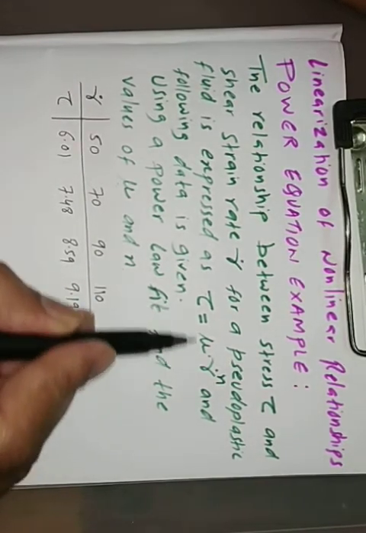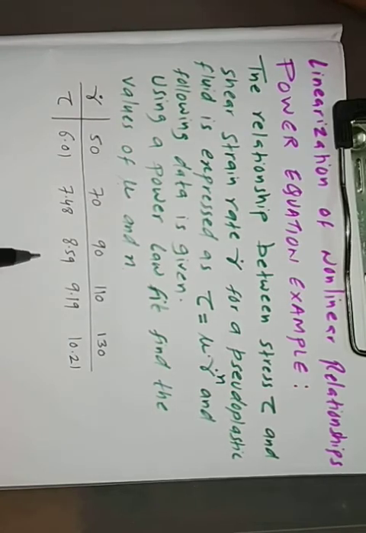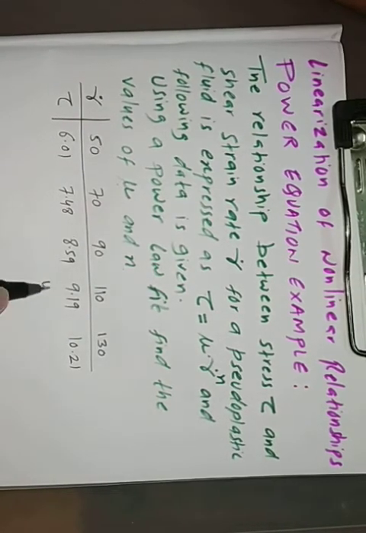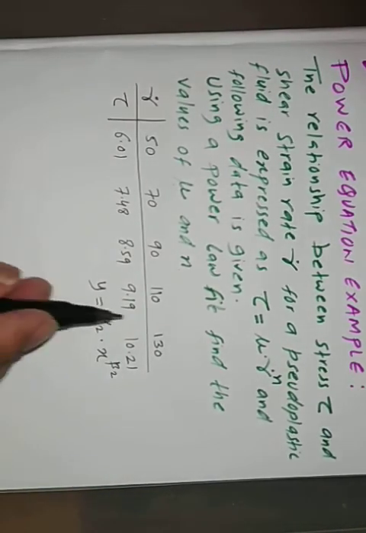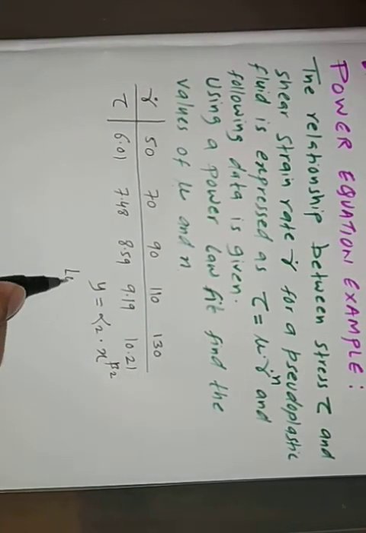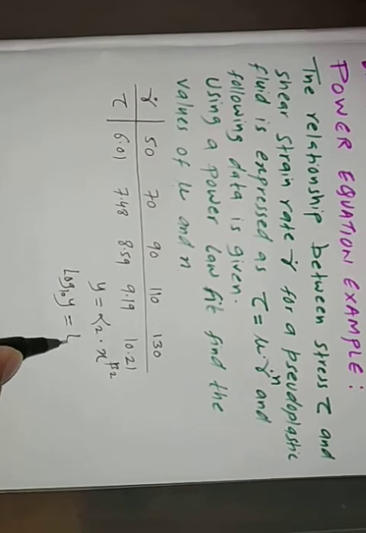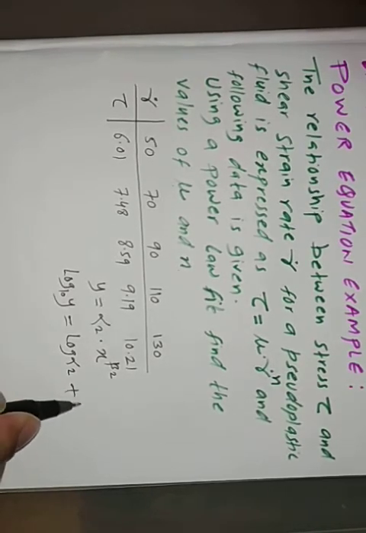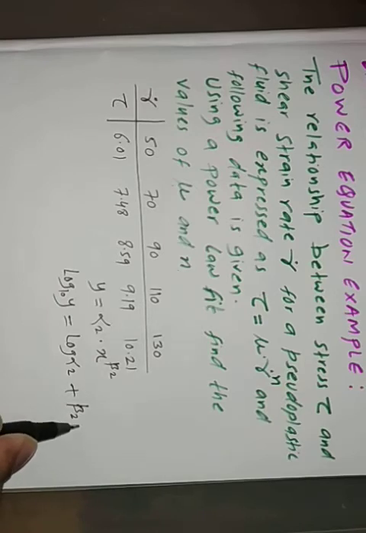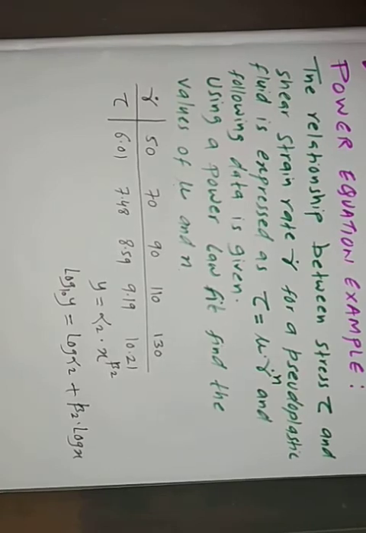Now this equation is power equation, like we have seen y is equal to alpha 2 into x raised to beta 2. So how do we linearize this equation? By taking log to the base 10: log alpha 2 plus beta 2 into log x.